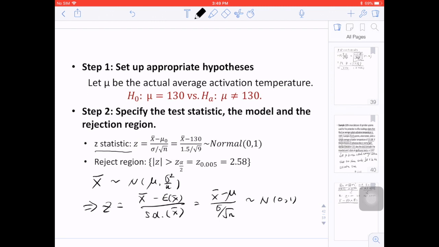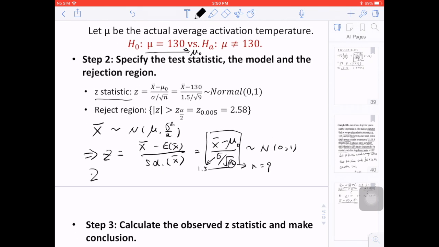Because my null hypothesis is mu equal to 130, you plug in this mu 0, and sigma is known, 1.5, and n is also known, equal to 9. So this value can be computed, so z observed is known.